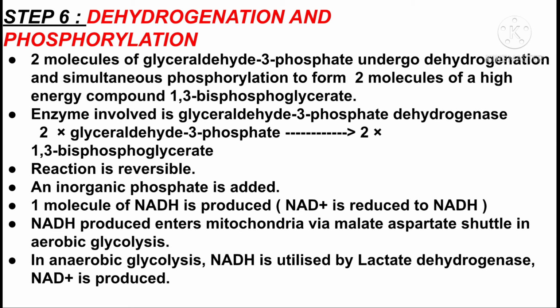In this reaction, an inorganic phosphate is added to the substrate. 1 molecule of NADH is produced, by the reduction of NAD+. The NADH produced will enter the mitochondria via malate aspartate shuttle in aerobic glycolysis. In anaerobic glycolysis, NADH is utilized by lactate dehydrogenase in which NAD+ is produced.